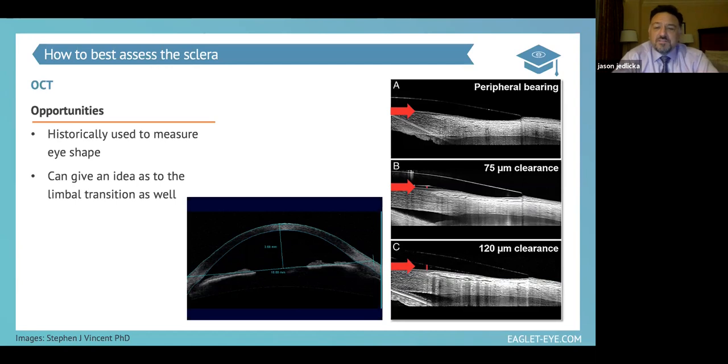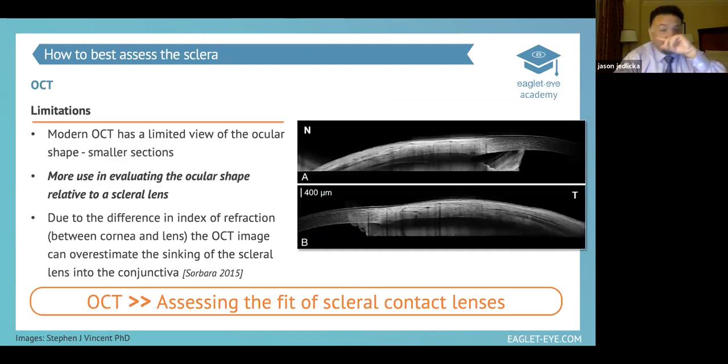OCT can give us limbal shape information as well, and so again, this can be helpful, especially as we're looking at a scleral fit, but most of these situations are going to occur once a lens is already on the eye, not necessarily in helping get us to our initial lens. Again, modern OCT has a limited view of the ocular shape.